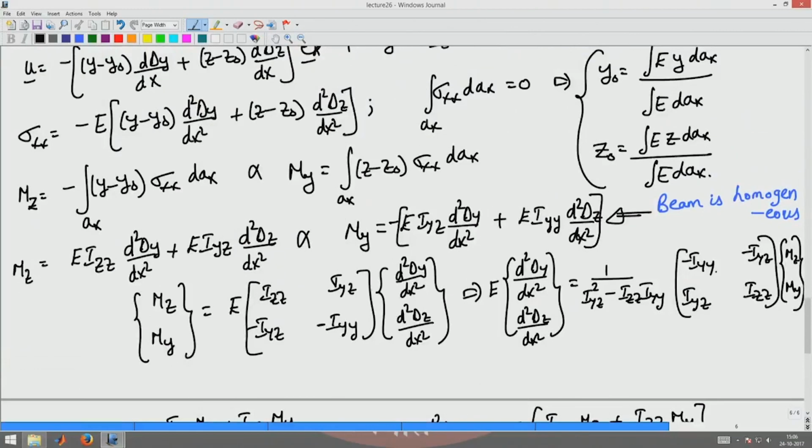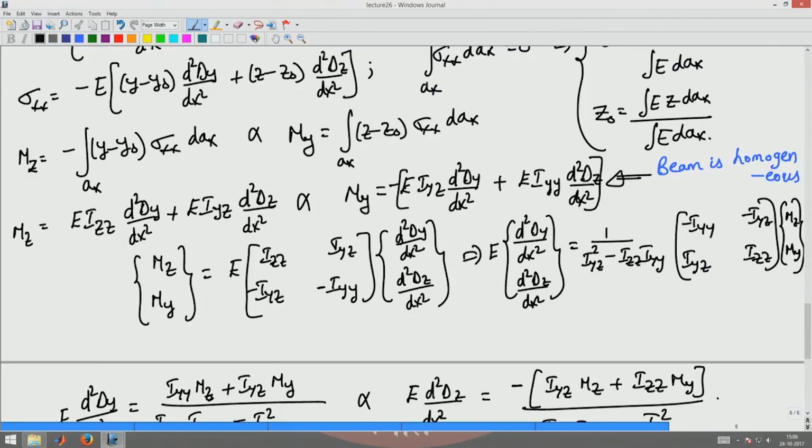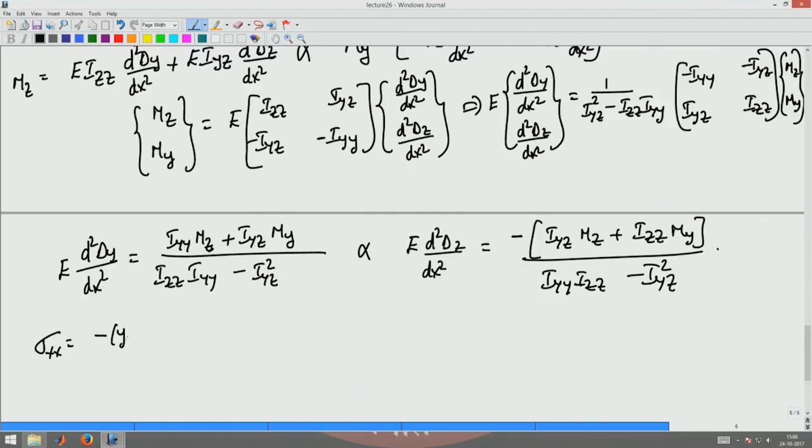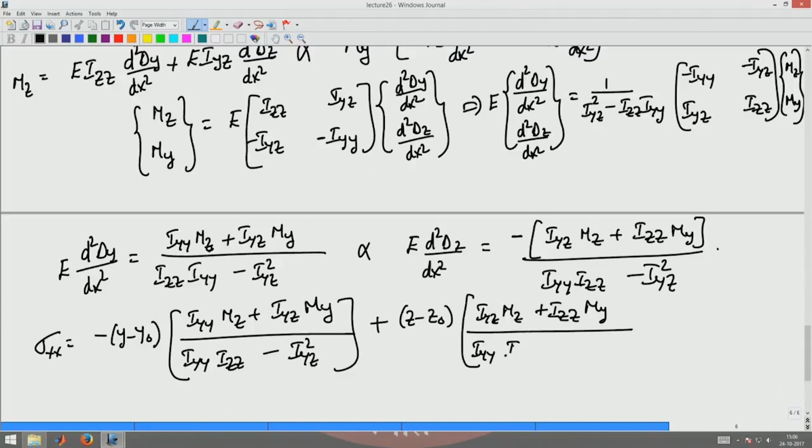Now, going back to the expression for the stress, sigma xx would be minus y minus y naught into Iyy Mz plus Iyz My divided by Iyy Izz minus Iyz squared, plus z minus z naught into Iyz Mz plus Izz My divided by Iyy Izz minus Iyz squared.